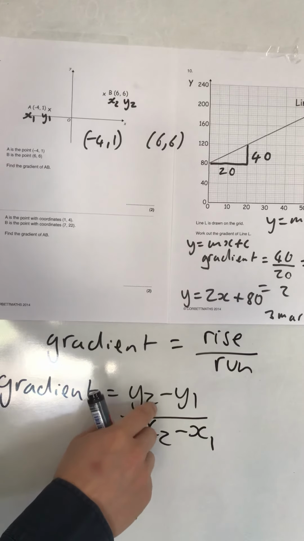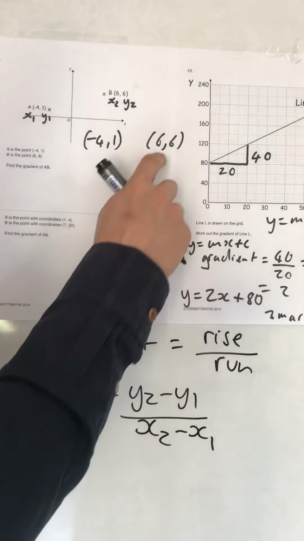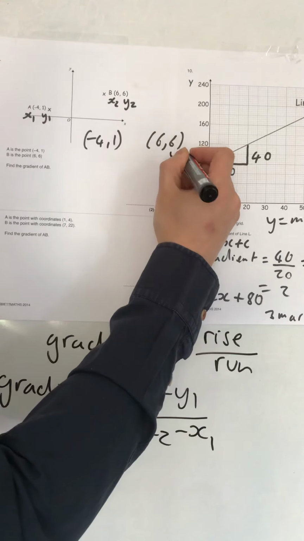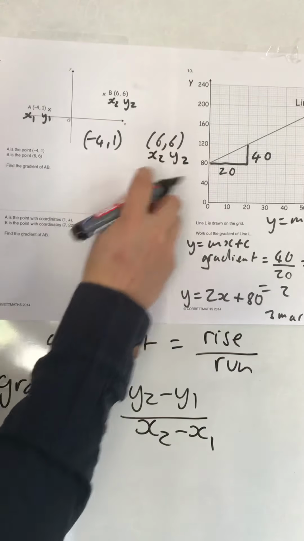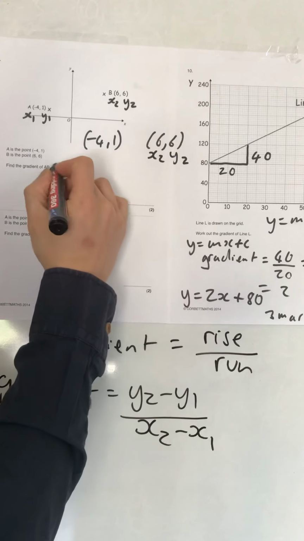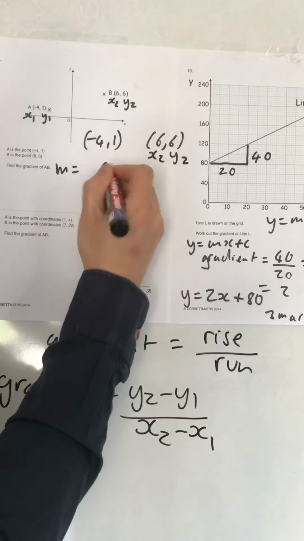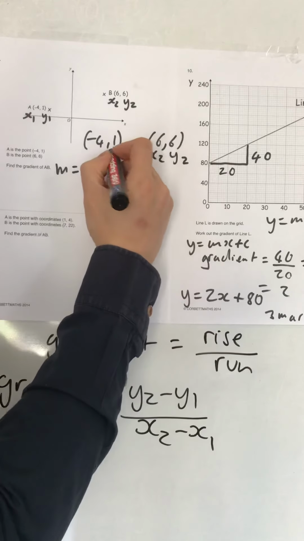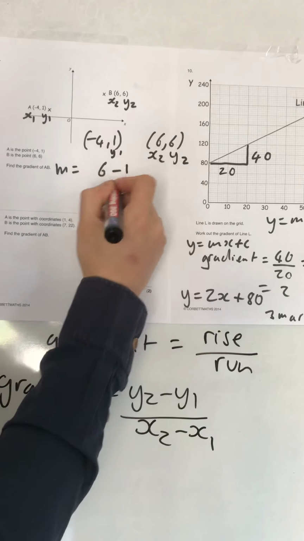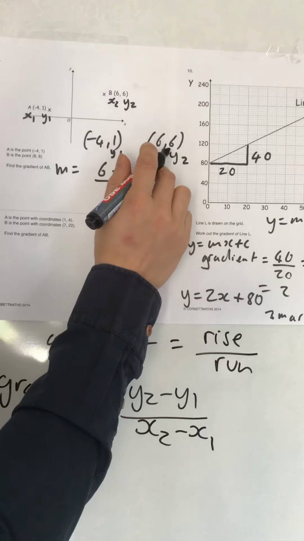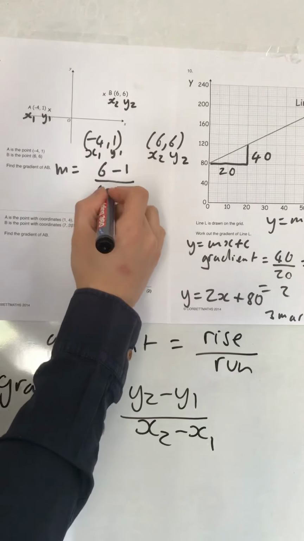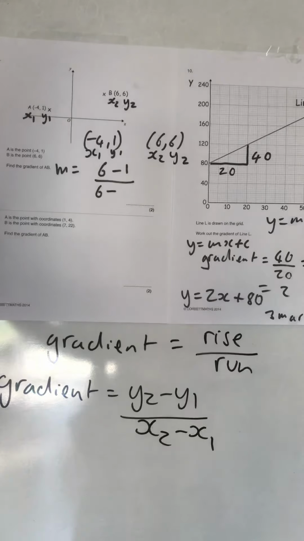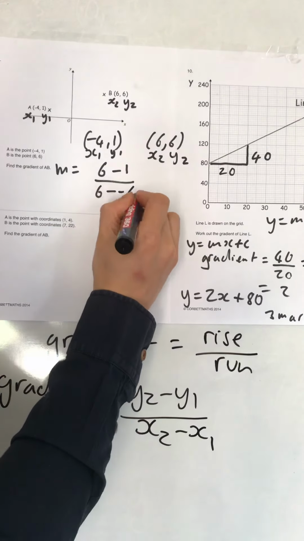So in this question up here, y2 is 6 and x2 is 6. I'm going to say m equals 6 minus y1, which is 1, divided by x2, which is 6, minus x1, which is -4.